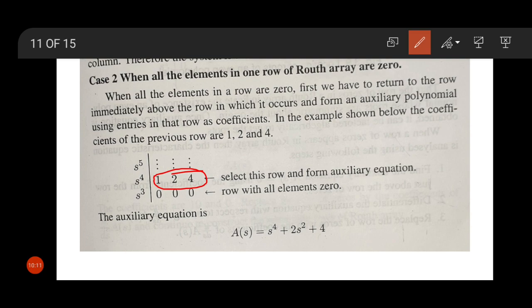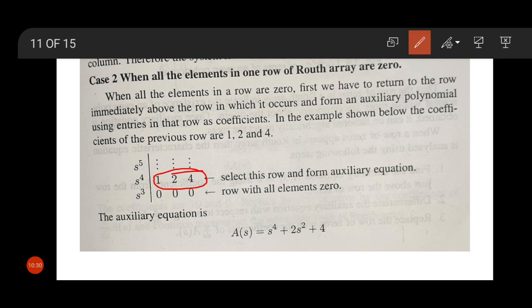When all the elements in a row are 0, first we have to return to the row immediately above the row in which it occurs and form an auxiliary polynomial using entries in that row as coefficients. So here I have taken an example.